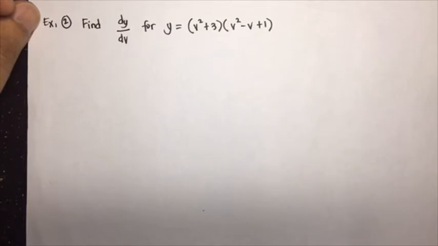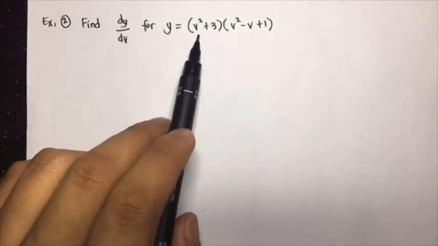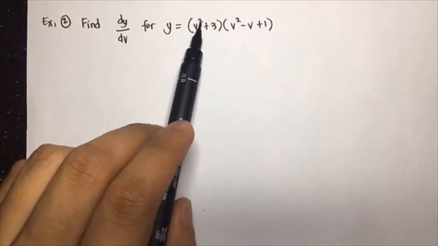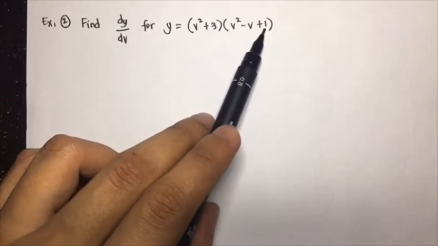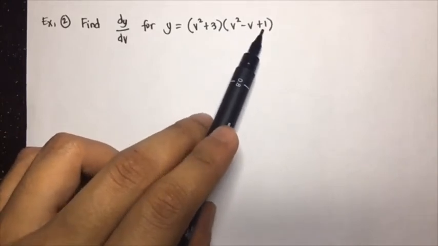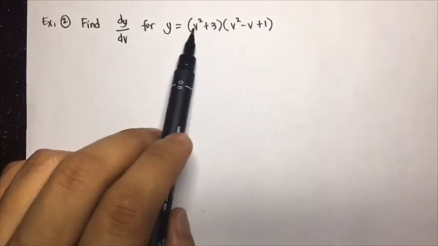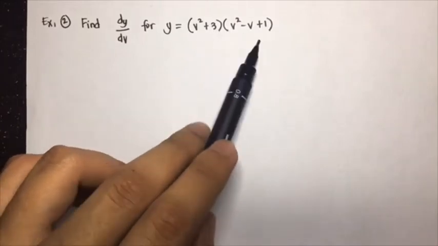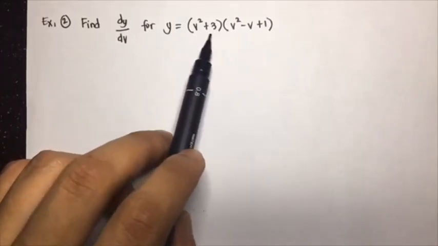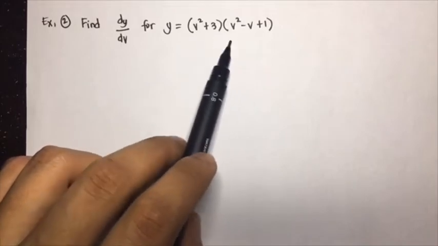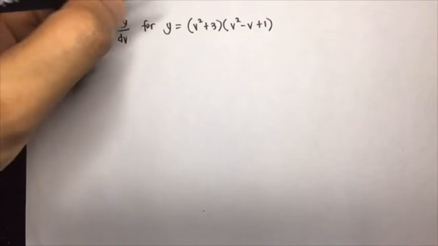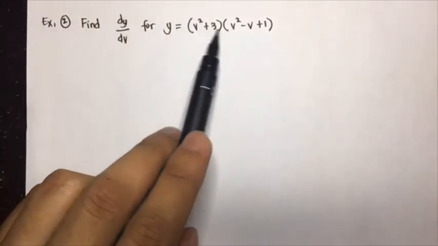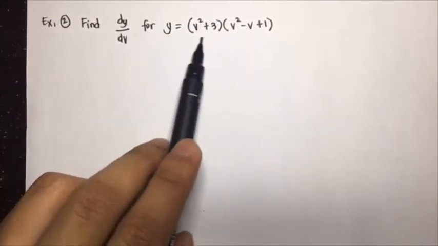But we also have an alternative solution again, so we can distribute v squared and 3 with v squared, minus v, and 1, but the process will still be relatively long. So if we apply directly the derivative of a product, then we will avoid expanding this term.